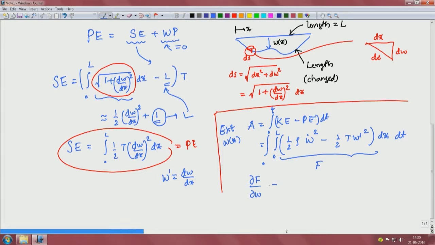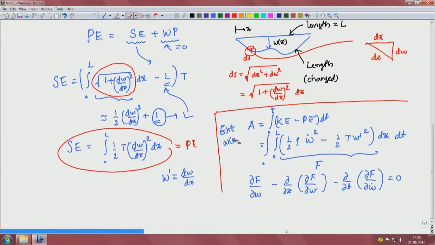So we get ∂f/∂w, and then ∂/∂x of ∂f/∂w prime, minus ∂/∂t of ∂f/∂w dot, equal to 0. Now w is a function not of just x, it will be x and t.